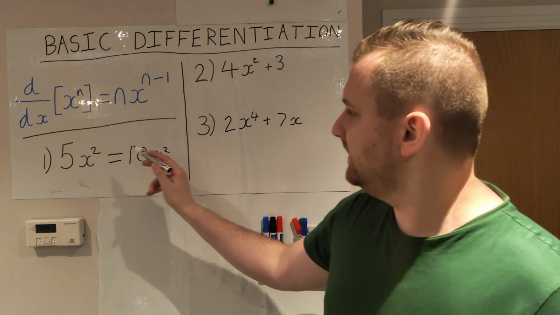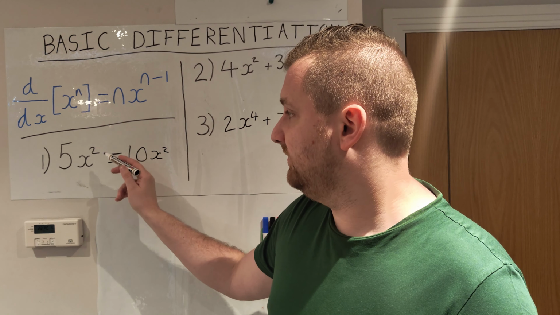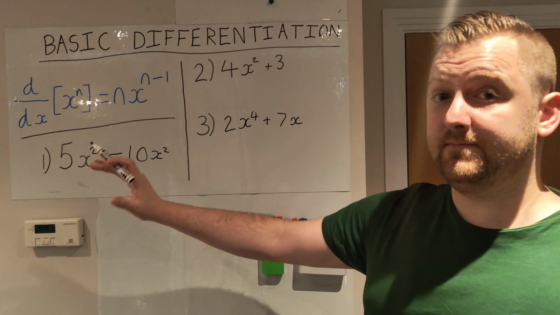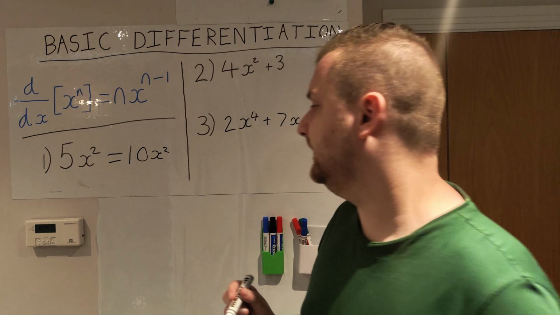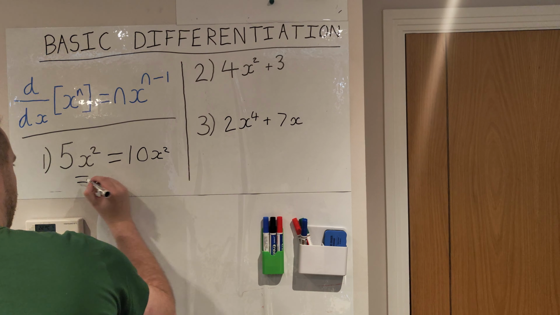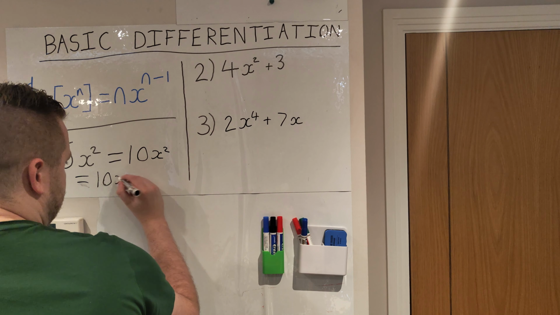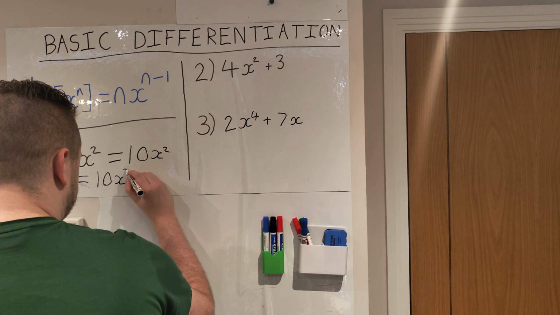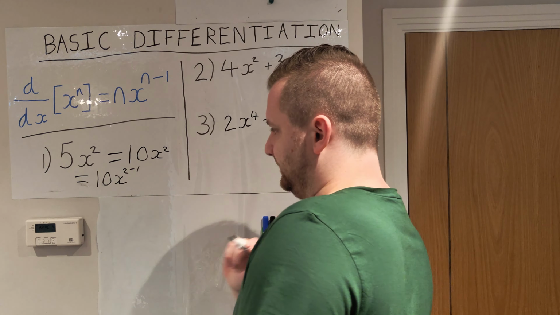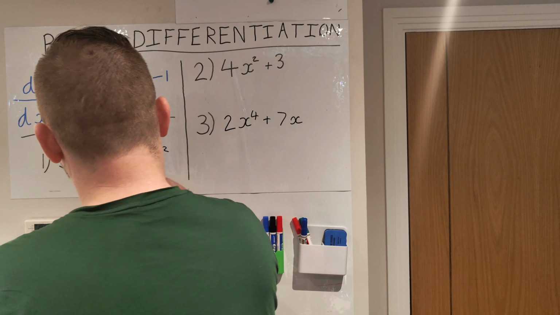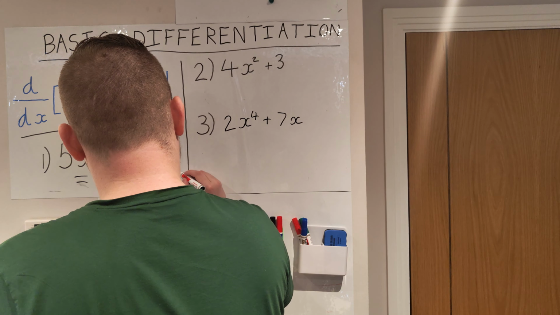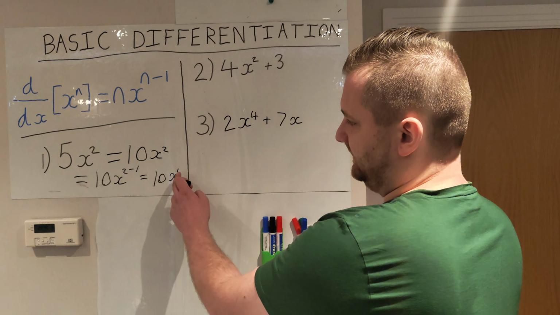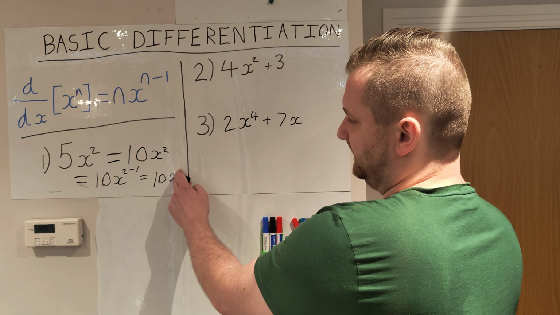So I brought the power from the top to the front and multiplied it by that front number. Now we need to subtract 1 from the power. So it's going to be 10x to the power of 2 minus 1, which is 10x to the power of 1, which is just 10x.